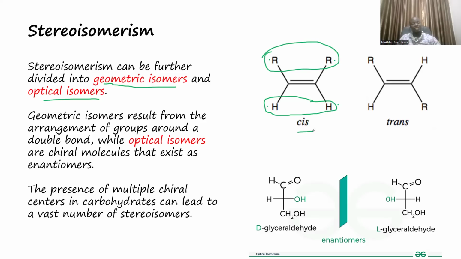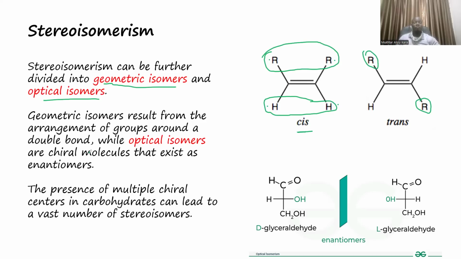That is why it is called cis. But look at the R here, it's transverse. In terms of arrangement, it's not the same. That is why it is called trans. So we have trans geometric isomerism and cis geometric isomerism. Because of the restricted double bond, the groups don't rotate, and they have a fixed arrangement around the double bond. They cannot move because of the presence of the double bond.